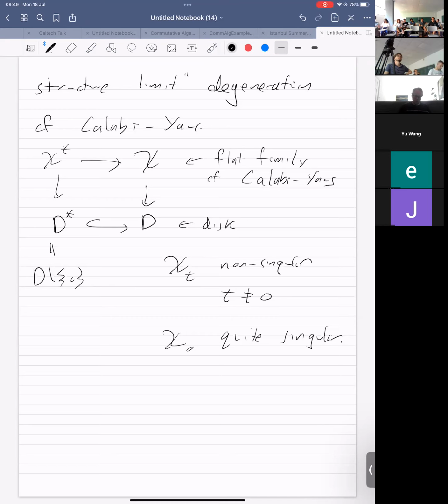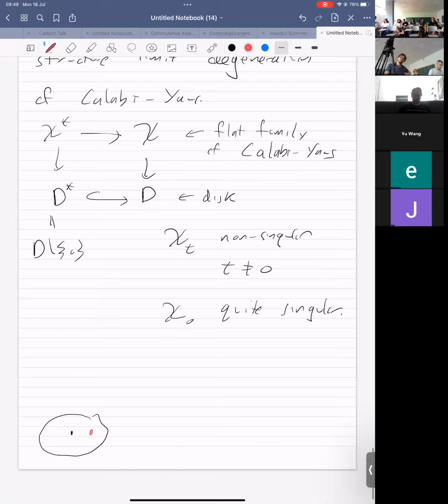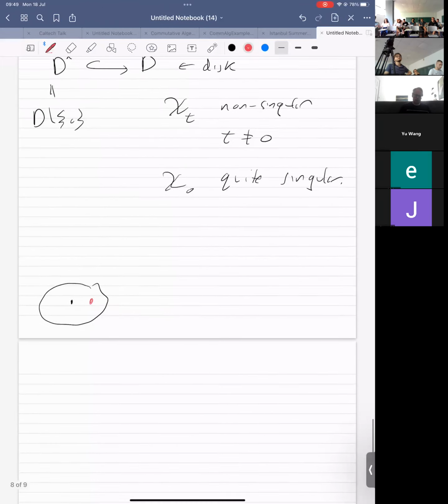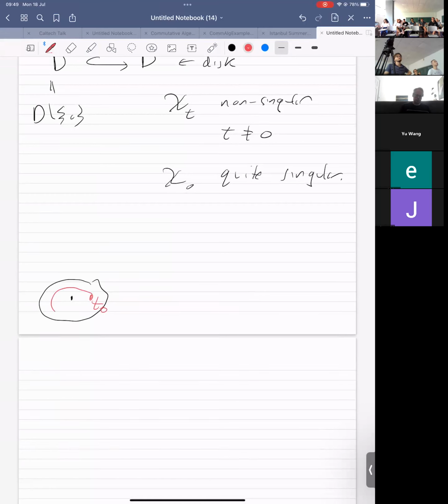What does that mean? Well, let me draw the punctured disk. Here's the disk, and let's take a little loop based at some point, say t_0. Take a loop around here. Over this, we have some Calabi-Yau. I'll draw that. And we can consider cycles. Let's take a loop here. In this example, it's an elliptic curve. The cycle is a circle. You can follow the cycle around the loop. You can parallel transport the cycle.